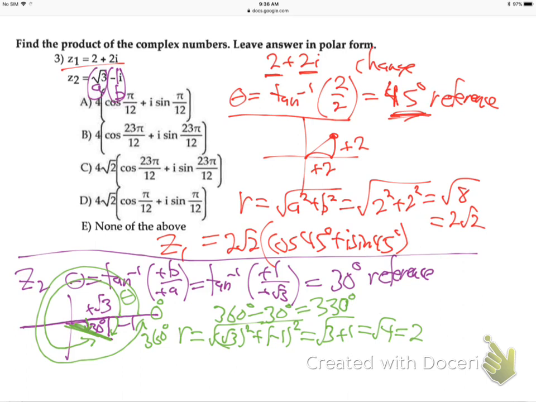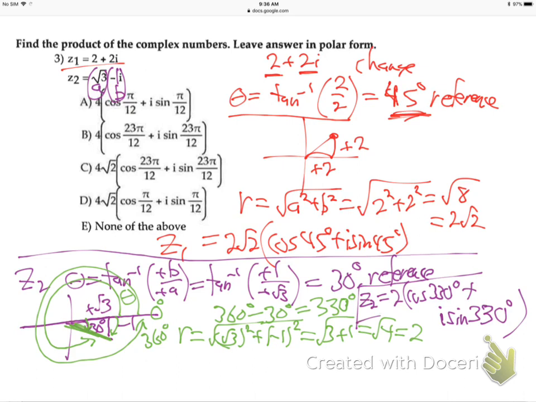So what is Z2 then? Z2 is R in the front, 2, cosine 330 plus I sine 330.